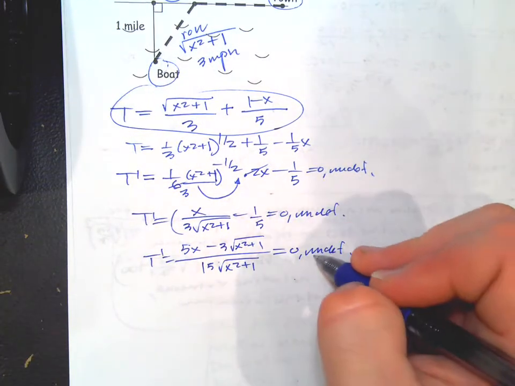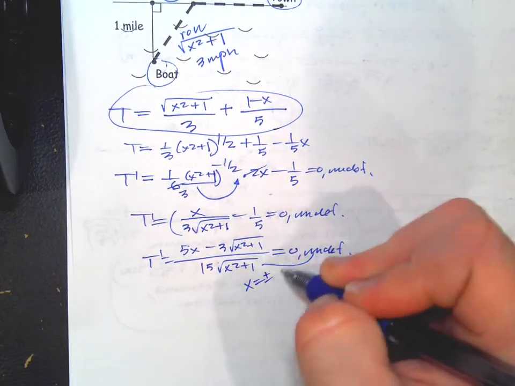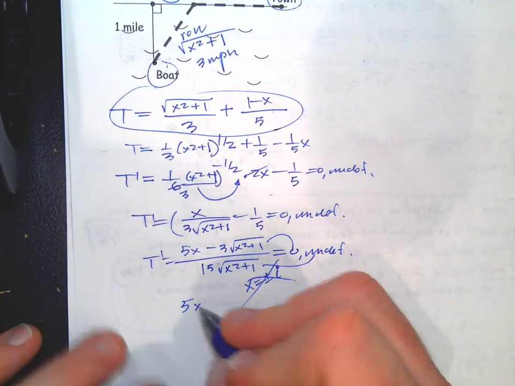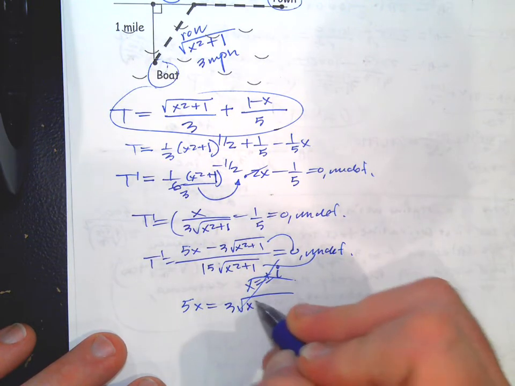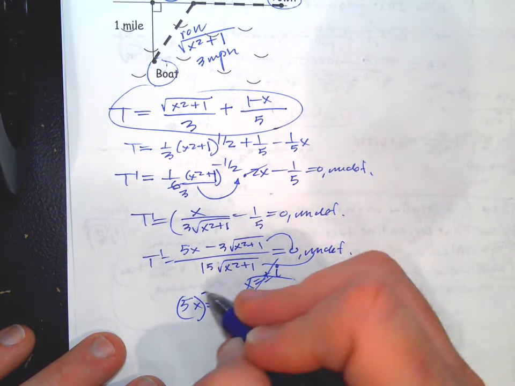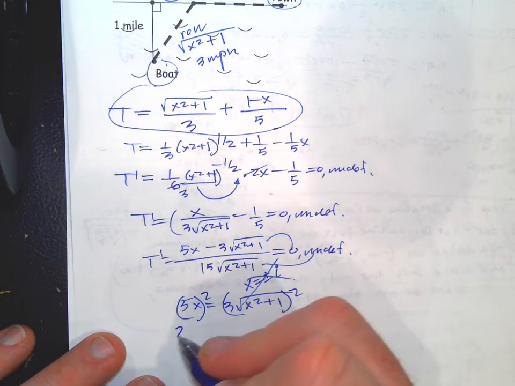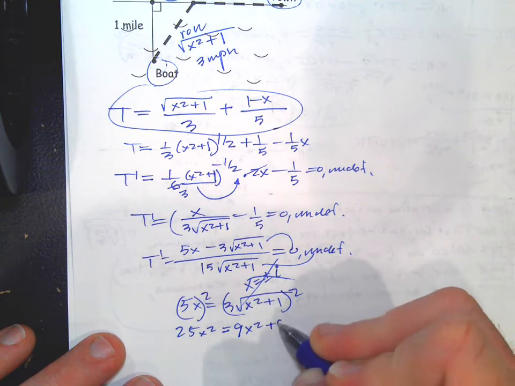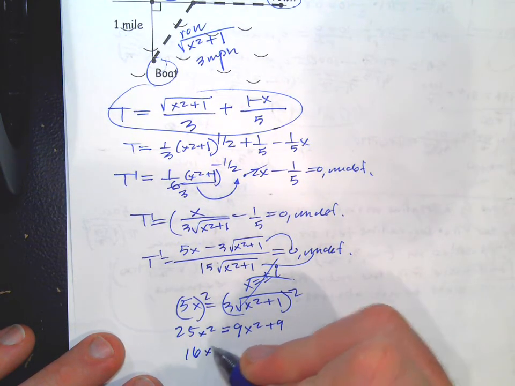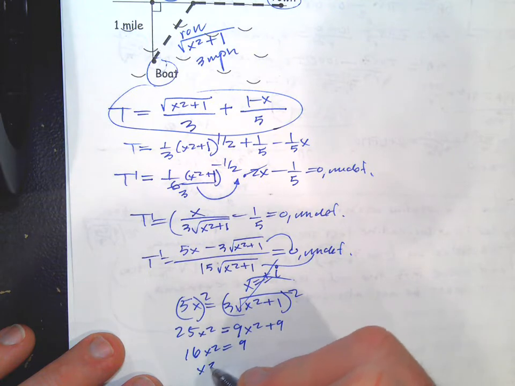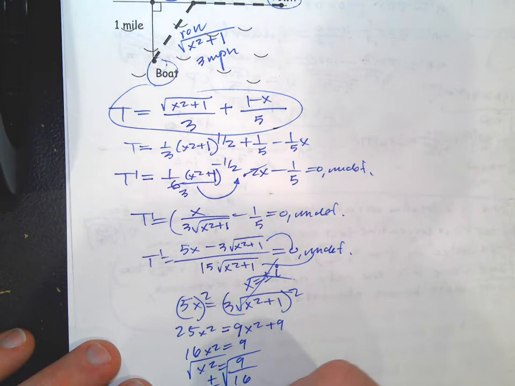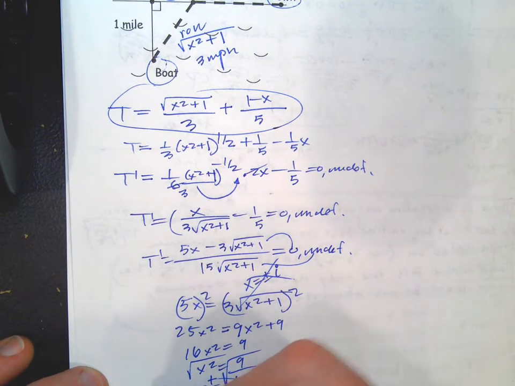Okay, so undefined comes from the bottom. I'm just going to give you imaginary this time. And then 0 comes from the top. So that's going to be 5x equals 3 square root of x squared plus 1. We're going to square both sides. It's going to be 25x squared equals 9x squared plus 9. So it's going to be 16x squared equals 9. So x squared equals 9 over 16. Square root of both sides, x equals plus or minus 3/4 for critical points.